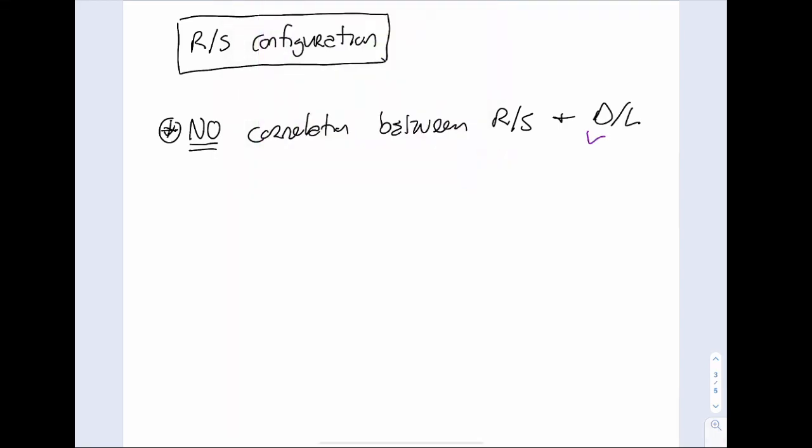This is the direction it rotates or bends plane polarized light. We need to measure this in lab.